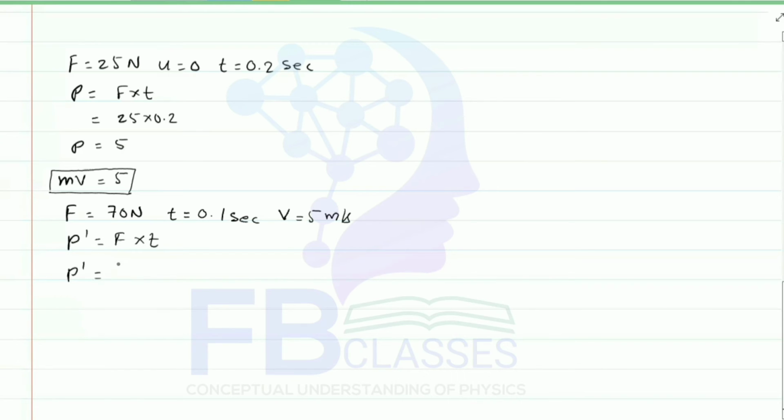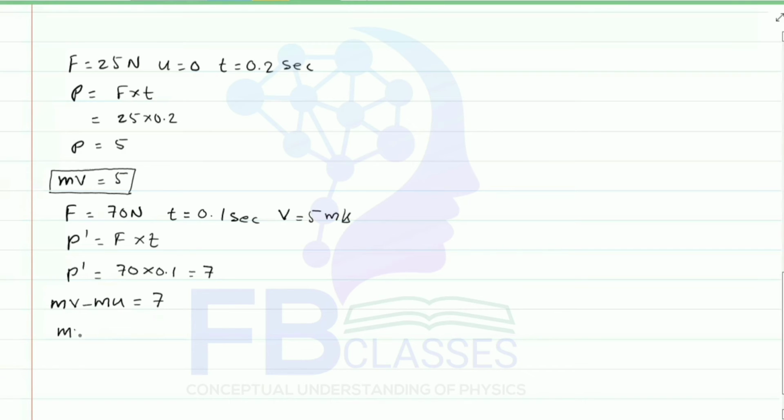So 70 into 0.1 second, that becomes 7. Yes or no? So now p dash is nothing but the change in momentum. We can write it as mv minus mu. So mv minus mu is equal to 7.